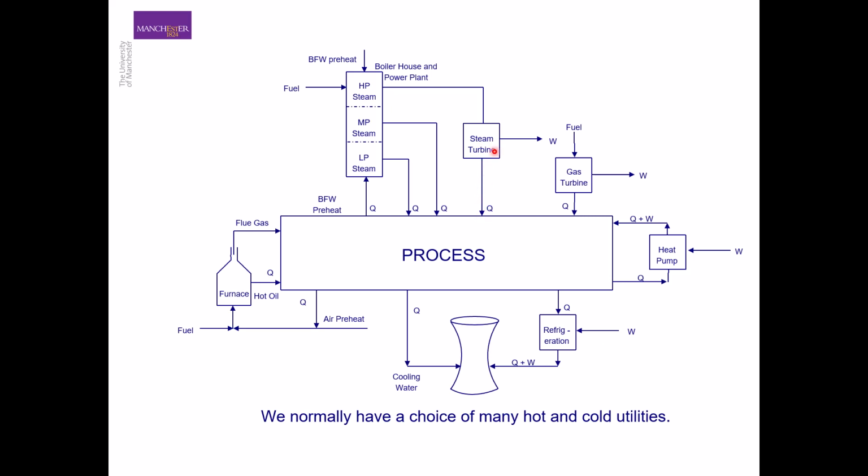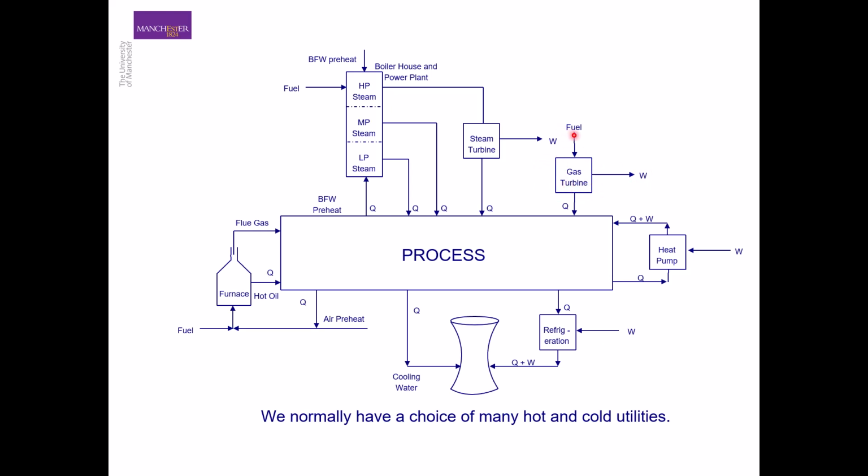Okay, so this is an example of cogeneration where the hot utility is being used to produce power and heat for our process. The other hot utility that we can provide and is associated with power is through a gas turbine.